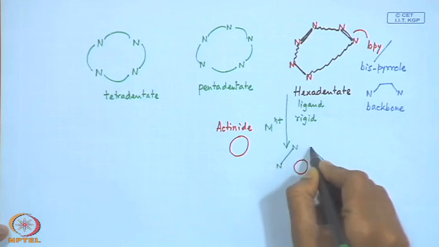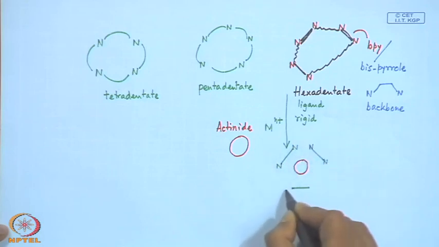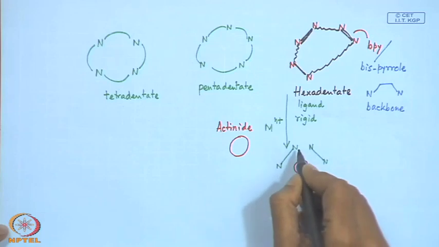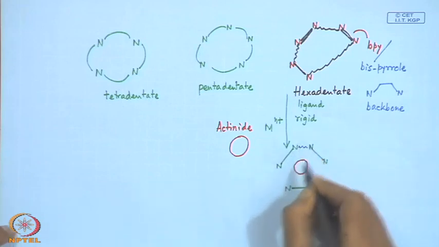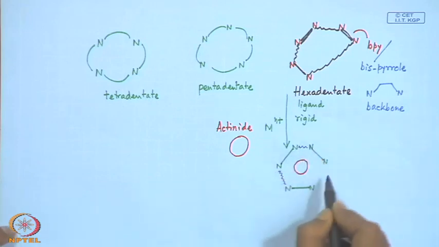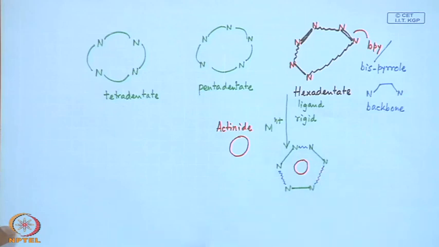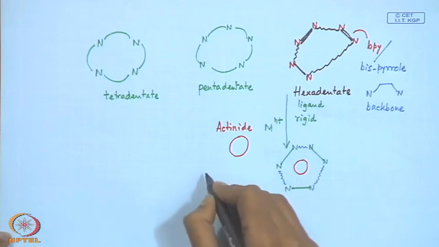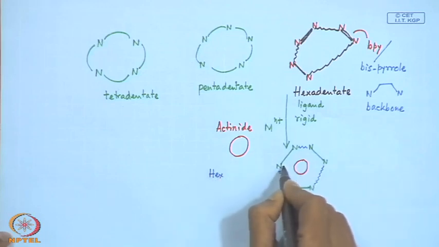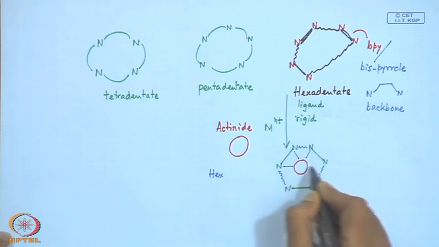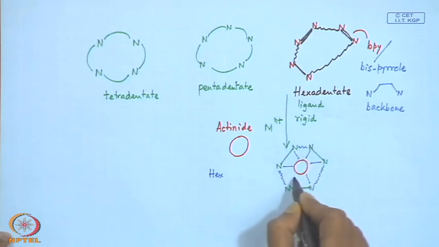So, we have all 6 nitrogen atoms connected, because all the nitrogens are showing coordination to the metal center.